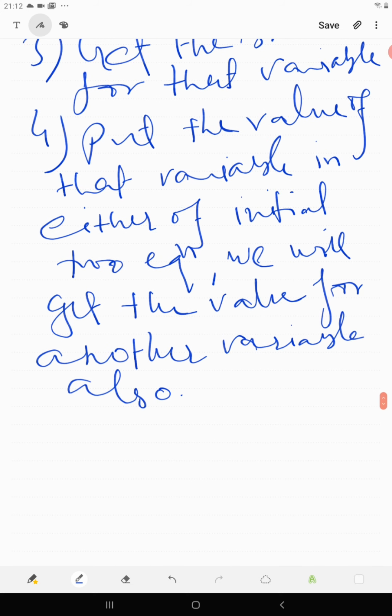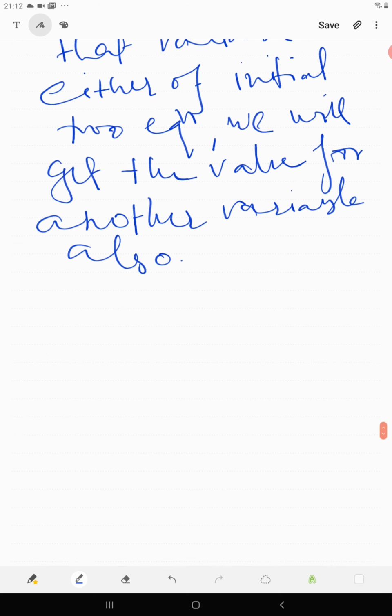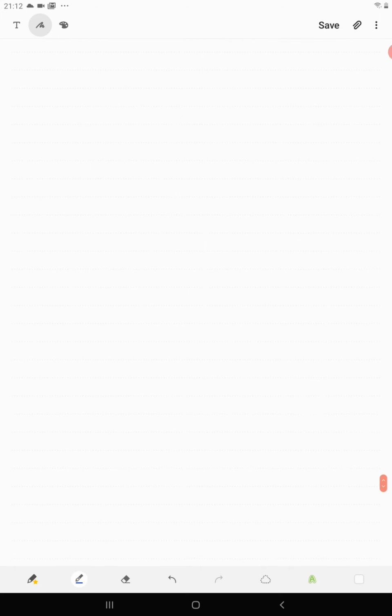Then fourth is put that value in either of the initial two equations and get the value of the other variable also. So this is how we are going to do it. Now I told you the theory part. Now let's go and do the exercise, then we will understand better what I am trying to tell you.